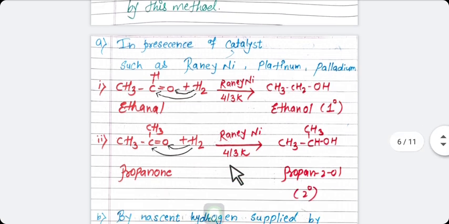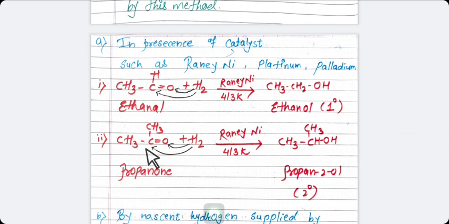Fine. Same here from ketone. I am taking an example, propanone. The common name of propanone is acetone. It undergoes reduction in presence of Raney nickel, temperature 413 Kelvin. Again one hydrogen is attached with the oxygen atom and one hydrogen is attached with the carbon atom.